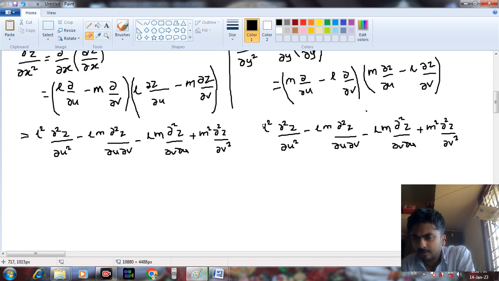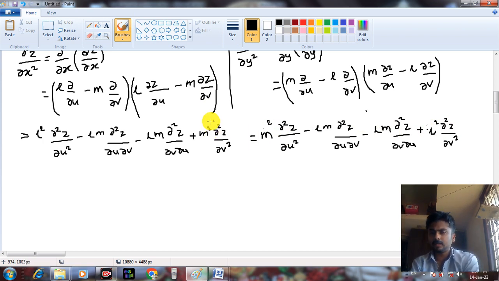So the first term will be m² ∂²z/∂u², then lm of ∂²z/∂u∂v, and lm of ∂²z/∂v∂u, and this is l². The first term here is m², and here it is l². So there is not much difference between these two.